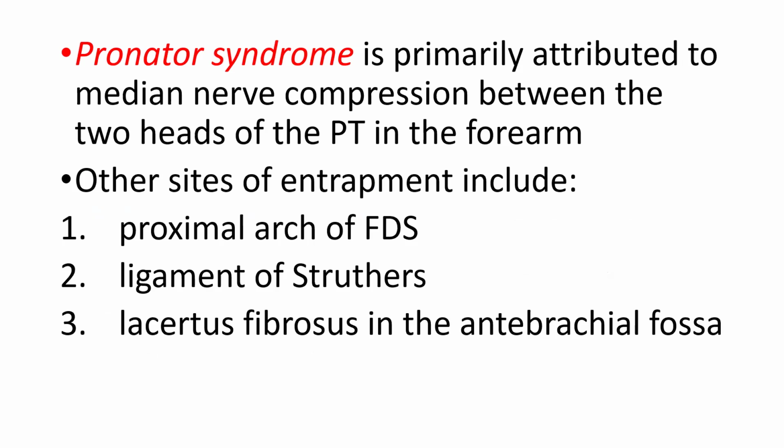Other sites of entrapment include the proximal arch of the flexor digitorum sublimis, because we mentioned that either the anterior interosseous or both, the median nerve and both, pass deep to this arch, and this can be a site of compression. It can also be under pressure by the ligament of Struthers, or through pressure by the lacertus fibrosus in the antebrachial fossa.